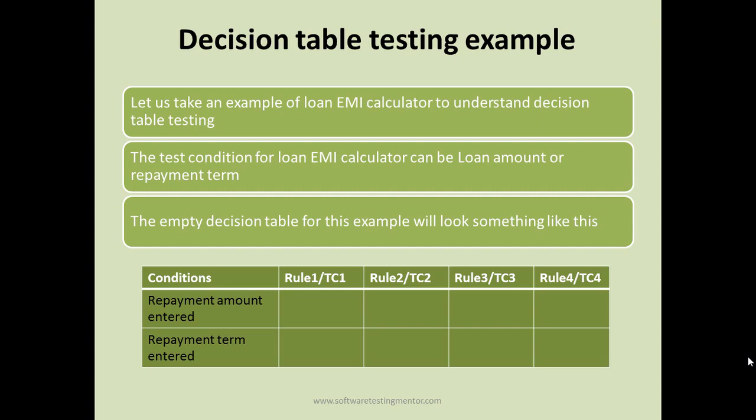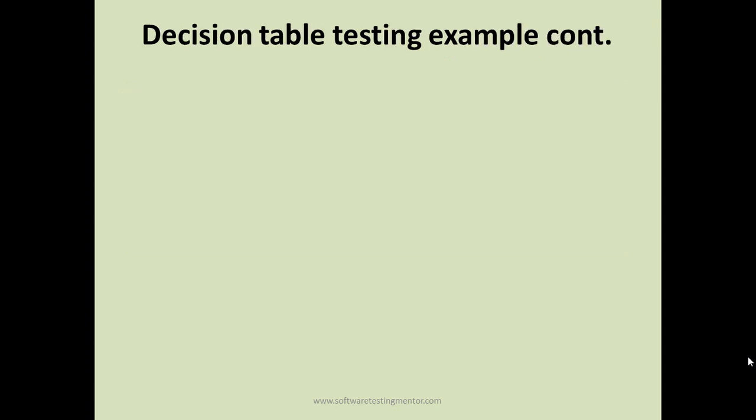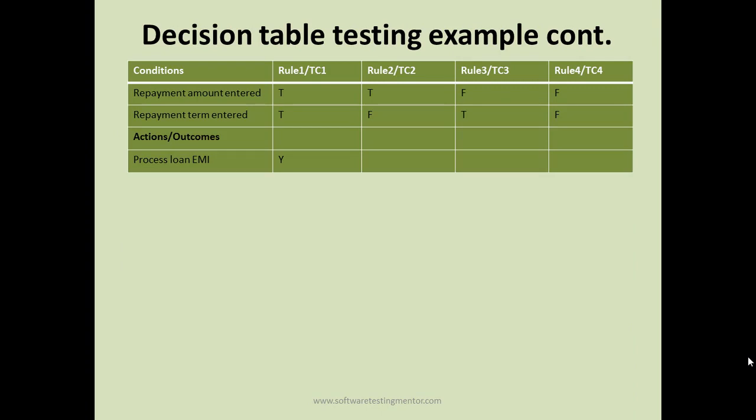So we have 4 columns: rule 1 or test case 1, rule 2 or test case 2, and so on. Let's see what the input will be for the different test cases here. In the loan EMI calculator, if the repayment amount entered is true and repayment term entered is true, then process loan EMI.